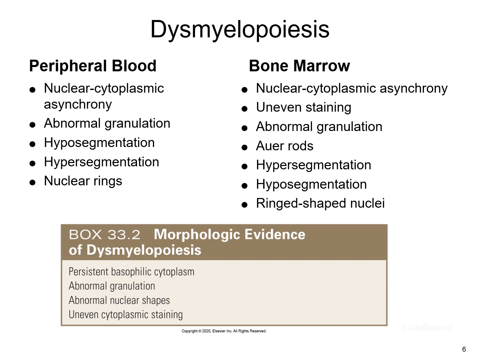So these cells will actually have an abnormal granulation within that cytoplasm, especially within your neutrophils or your myeloid line. And so what you may see is granules that are larger than normal. You can see cells that have no granulation at all, or you can see cells that just have very little granulation.